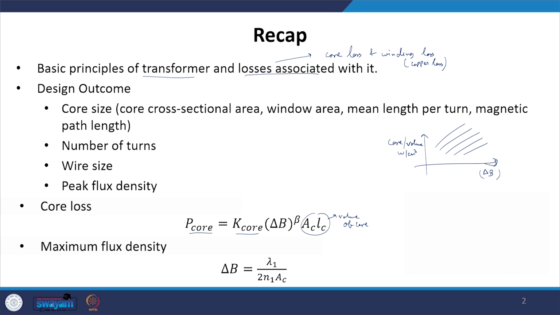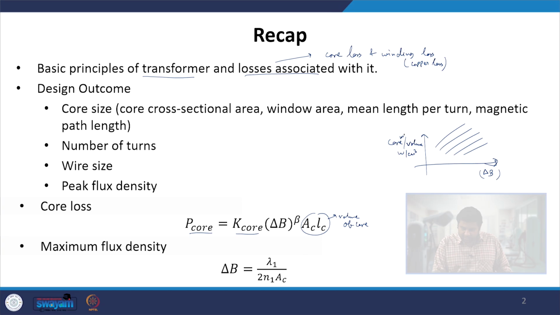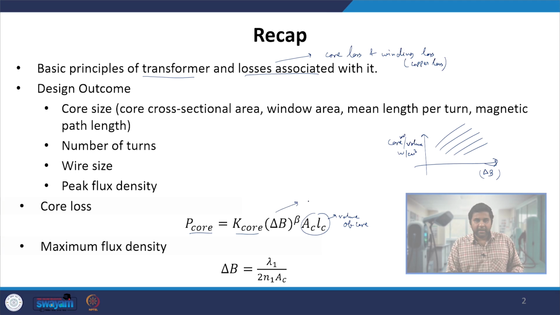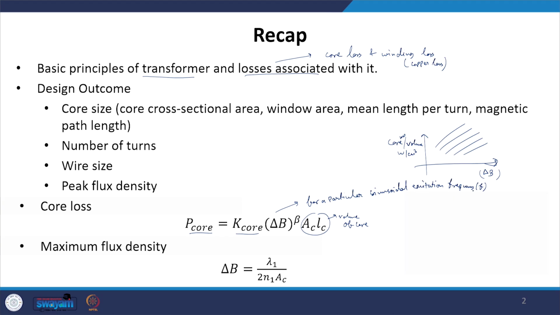Once you realize the different core dimensions, you can calculate the core volume, and from there predict the core losses. So this is what we saw in the last class. This particular expression is for a particular sinusoidal excitation frequency, and it may vary for different frequencies. These traces are for different frequencies.